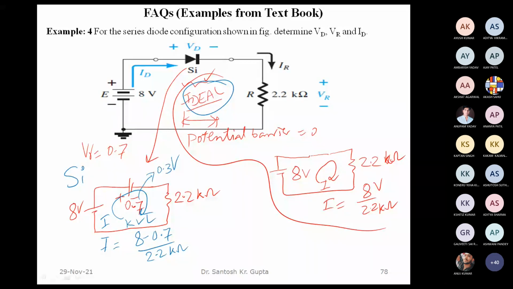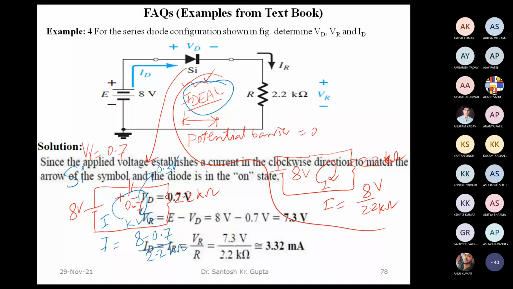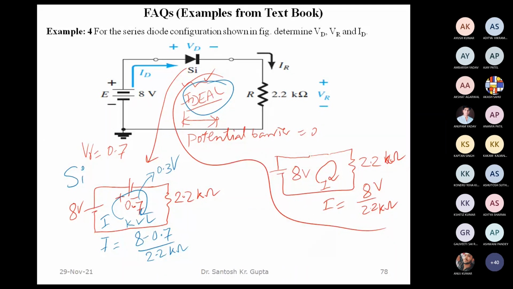Sir, in the first case, when we got I equal to 8 by 2.2 kilo ohm, what did we assume, that the silicon diode is not there, or that it doesn't have any potential? In the starting, we assumed that the silicon diode is not there, and in place of the silicon diode we have an ideal diode.